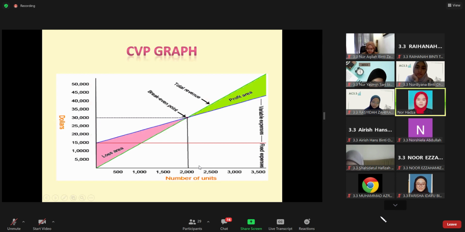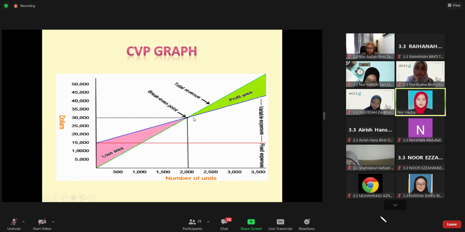All right. Now if you're using a graph, the CVP graph, cost, volume, profit graph. The straight line over here is the fixed cost line. The green line over here is the total revenue. And the blue line is the variable cost. As you can see, this is the area of the total cost.